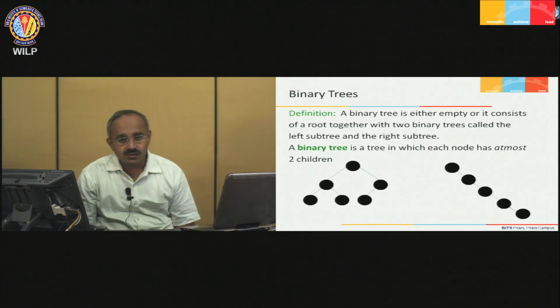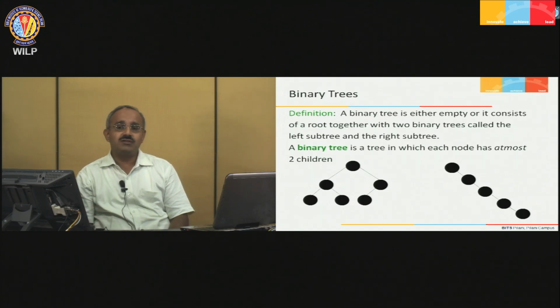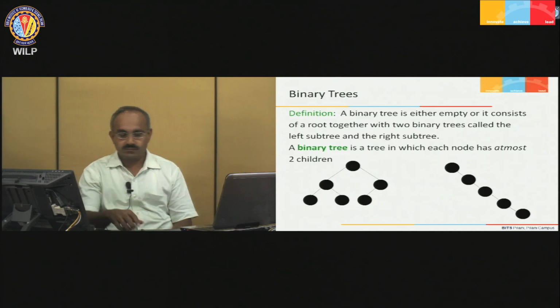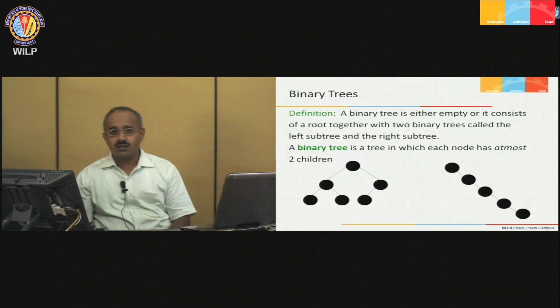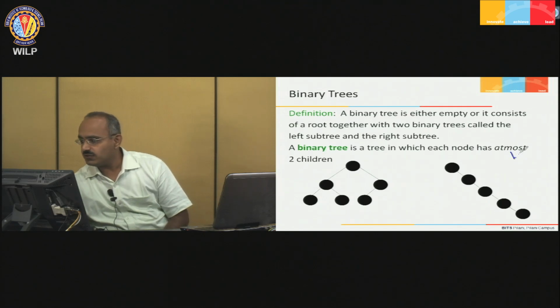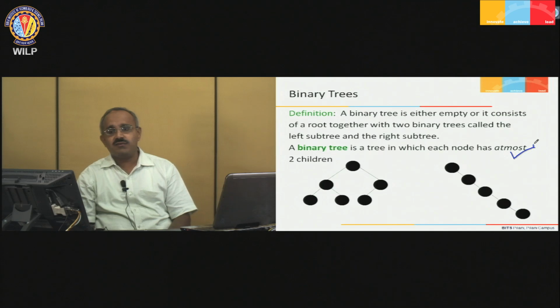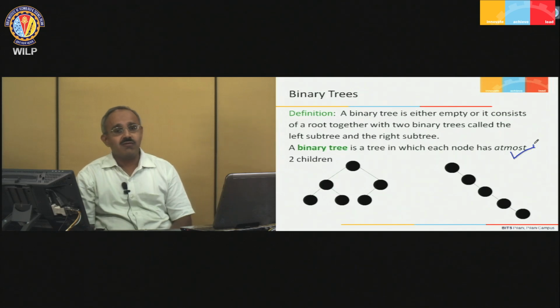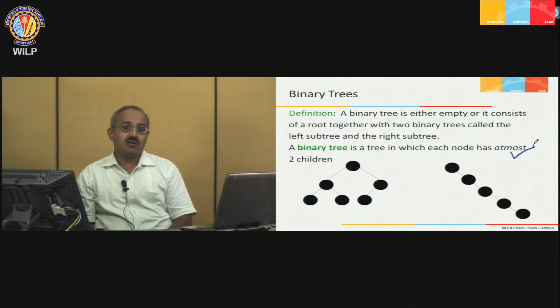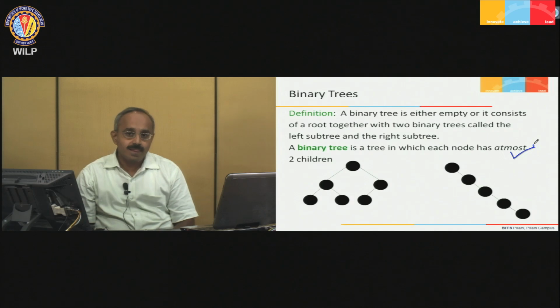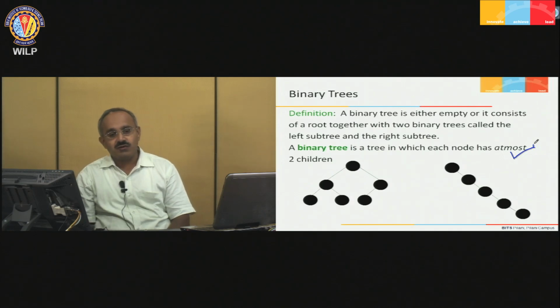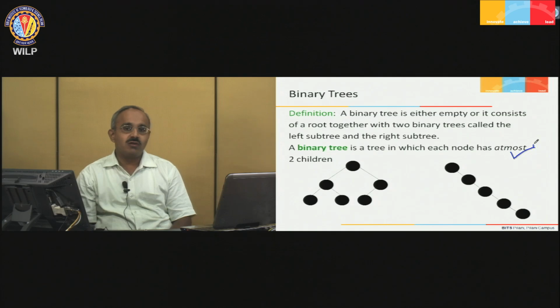To understand it in simple language, every node other than the external nodes is going to have at most 2 children. Right. So, rather than the recursive definition, this definition is simpler to understand. But as we will see in practice, the definitions which are easy to understand may not be very easy to implement, whereas recursive definitions are easy to implement because what you have are what are called repeatable arguments.